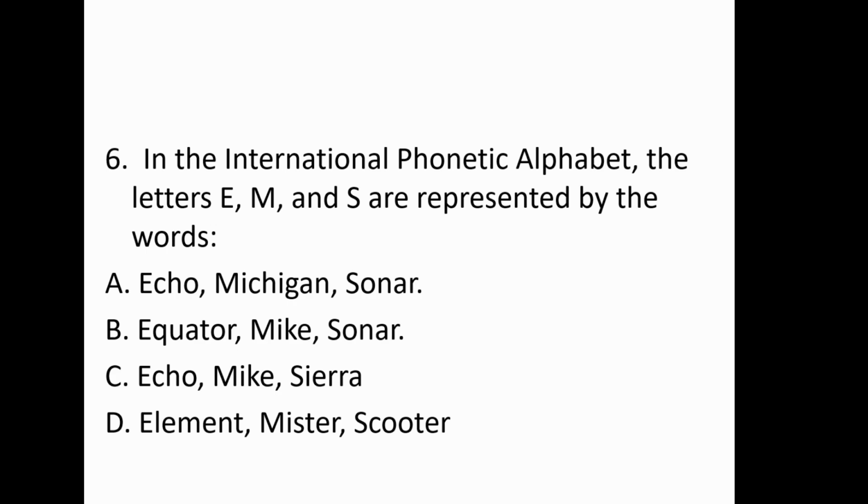M is actually Mike, which is correct under B and C. B, Equator, Mike, Sonar. Well, Mike's right. A, Echo is right. How about C, Echo, Mike, Sierra? Can't find anything wrong with those. Or D, Element, Mr., and Scooter. None of the three. So it's going to be clearly C.